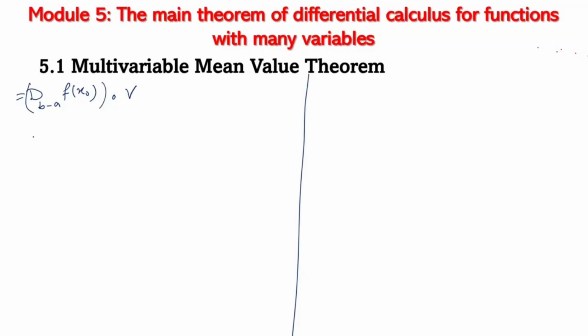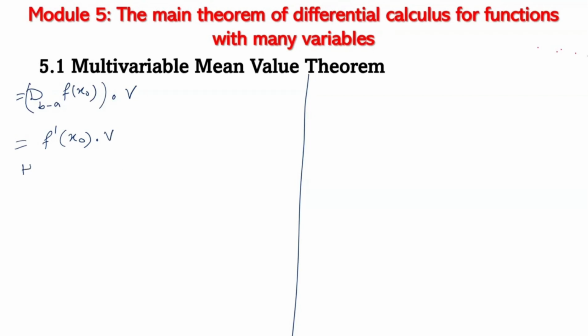So here D_{b minus a} is the directional derivative, and we know that this can be written as f dash x naught dot v.